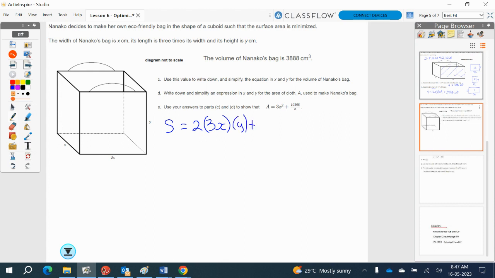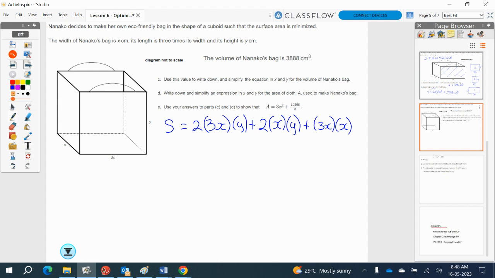What about the side face? 2x plus 2x, times y. And what's the area of the base? 3x times x. So putting the formula up like this, with brackets everywhere, I'm not wrong. I've got the formula there.